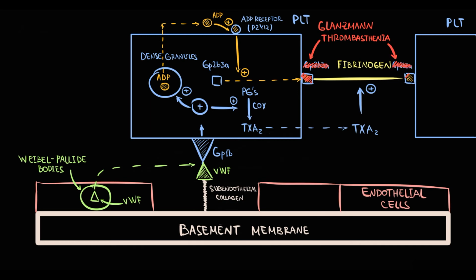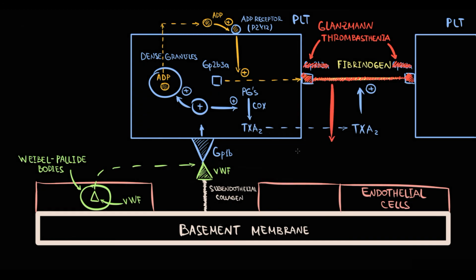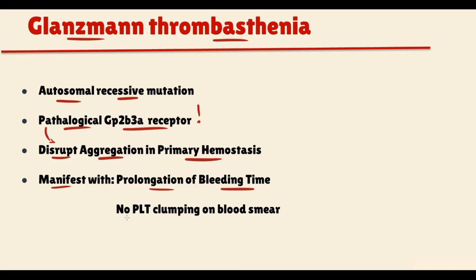As a result, fibrinogen cannot bind to platelets, and obviously without fibrinogen, platelets cannot be connected. So in Glanzmann thrombasthenia, platelet-to-platelet aggregation becomes impossible, thereby the platelet plug cannot be formed. So primary hemostasis becomes totally dysfunctional, and dysfunction of primary hemostasis manifests with prolongation of the bleeding time.